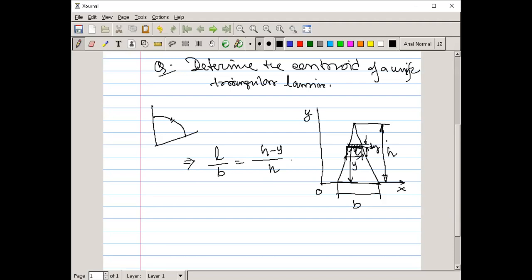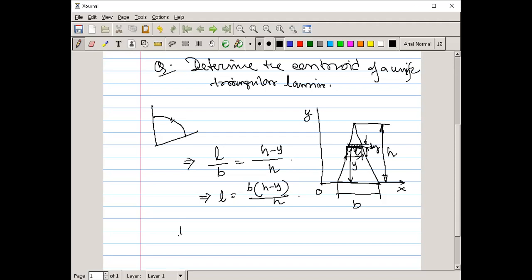Is it clear? Total is h minus y, this portion divided by the total h. So from here we find l is nothing but b times h minus y divided by h.